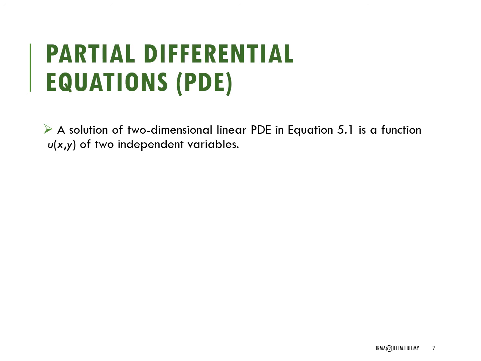A solution of a two-dimensional linear PDE, the previous equation, is a function u(x,y) of two independent variables. What is the equation? It is a u_xx plus b u_xy plus c u_yy plus d u_x and so on, equal to g.